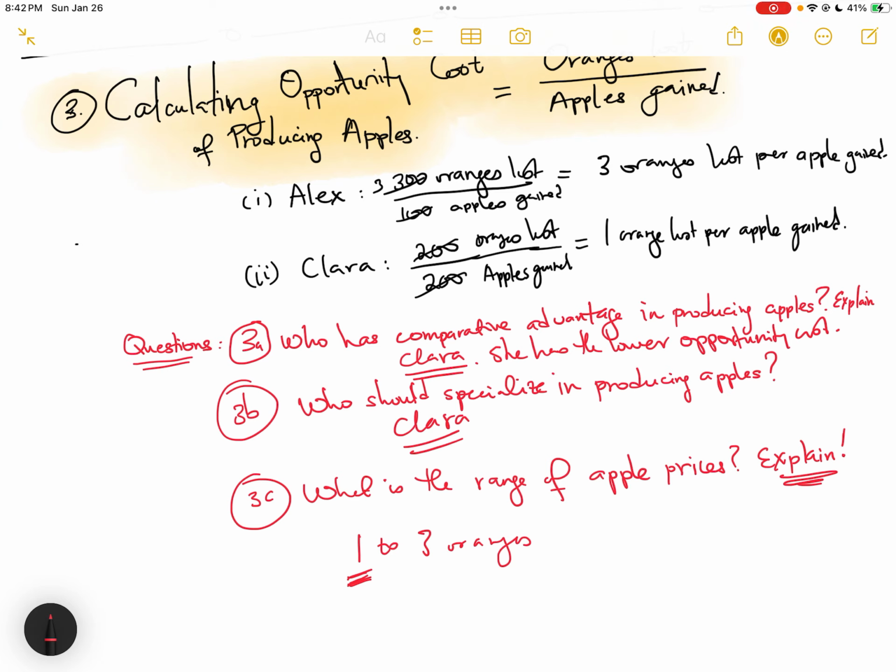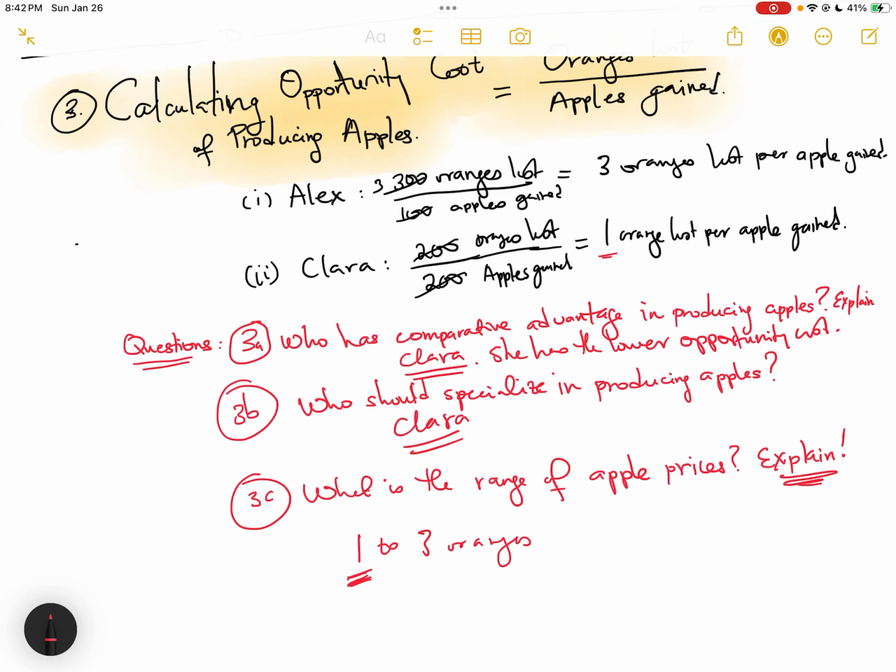If Clara is specializing and will be selling the apples, then Clara would like to sell her apples for more than it costs her to produce it. Right now, it costs her 1 orange to produce this apple. So she would like to sell her apples for 1 orange or more. Do you see what is happening here? So that's the lower bound. But what about the upper bound?